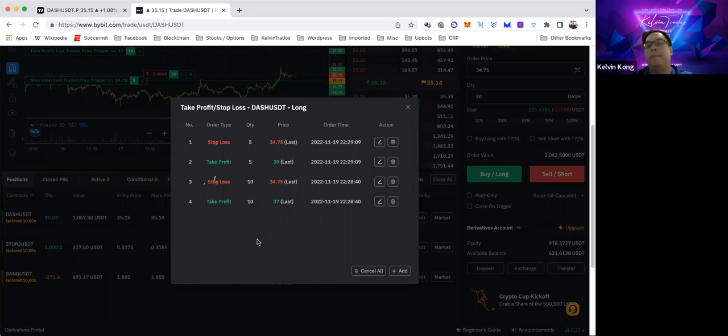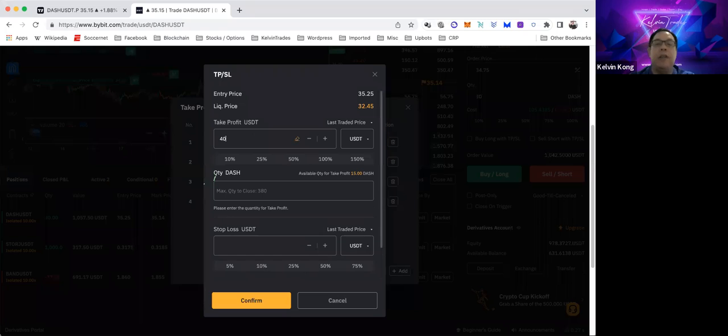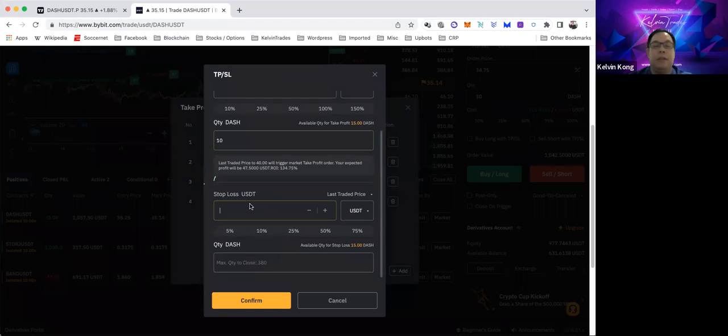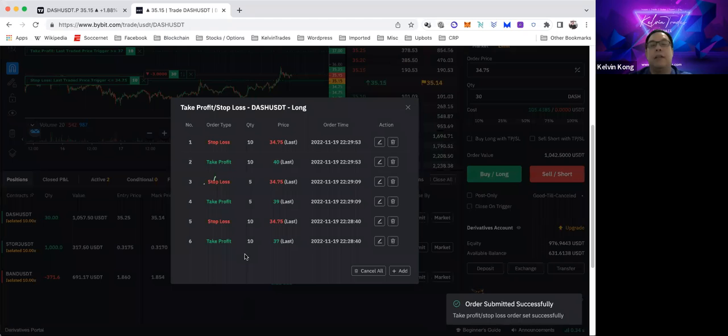That means you have 15 left. So let's say third TP, $40, quantity, let's say 10, stop loss 34.75, same, 10. Confirm, done. So now we are left with 5, right? Then just let it run.